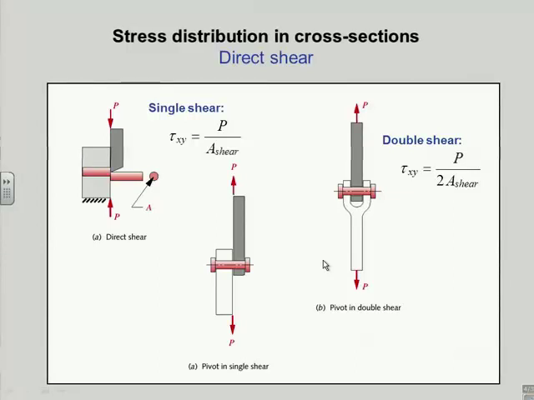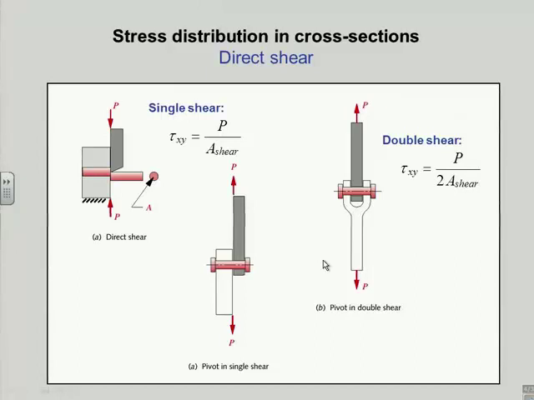I'd like it to be in direct shear only. Now that's not truly achievable, because I'm always going to have some clearance, and therefore I'm going to have some bending too. But we're making simplifying assumptions here. So if I say, well, I have zero clearance between the two, I have a direct shear case, same formula, P over the area of the shear, which would be the area of the pin.